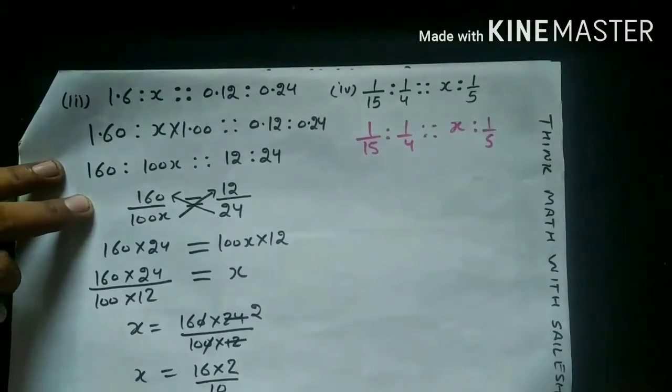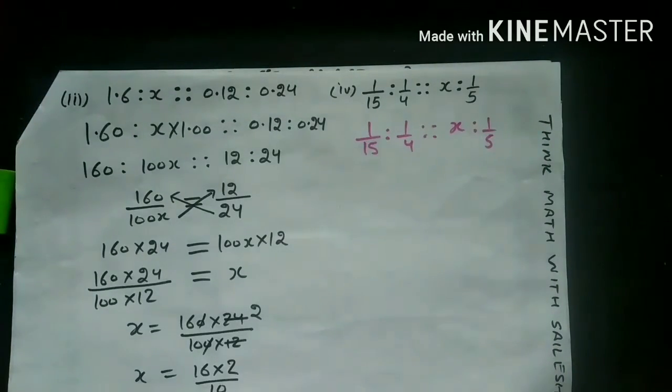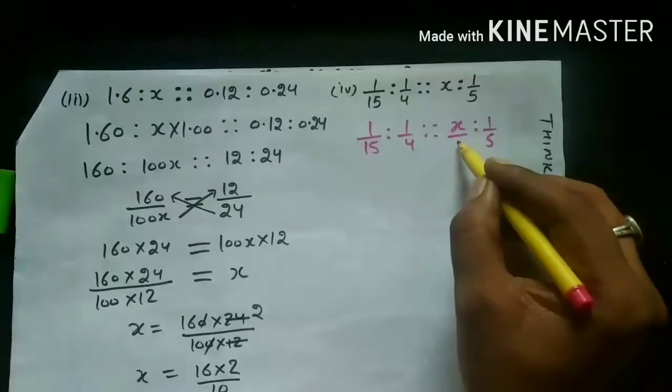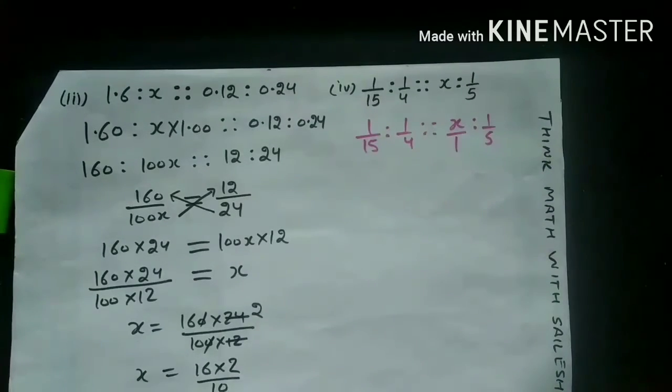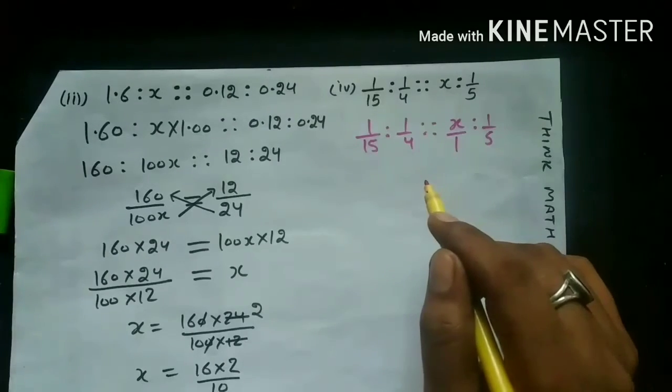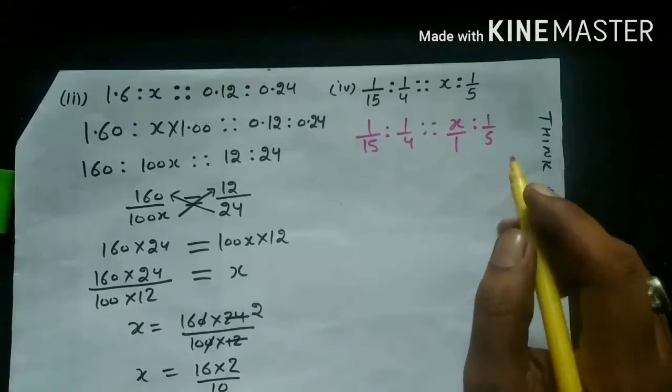Because all the three terms are in fraction, I can write the third one, x, also as a fraction. Okay, now all the terms are in the same form. Now which formula will I apply here? I can apply here the product of extremes is equal to the product of means.